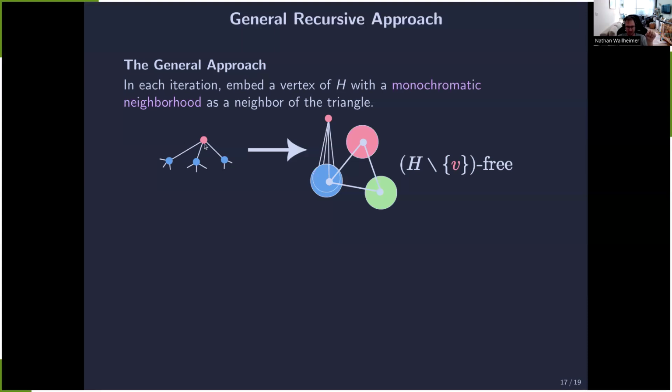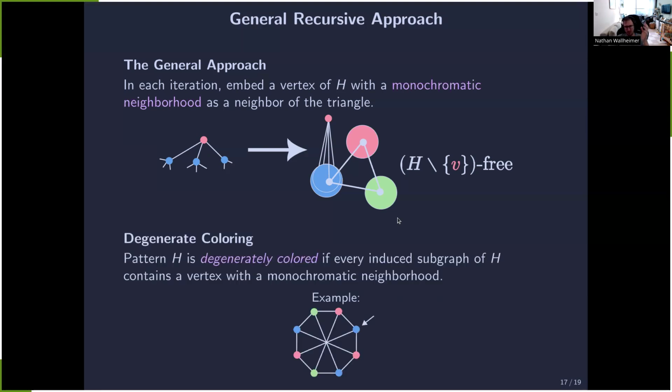Say a red vertex that has only blue neighbors in H, then we can embed it and end up with a subgraph that is H minus v free, where v is that red vertex of H. But okay, so the question is which patterns have a coloring where we will always have a vertex with a monochromatic neighborhood. And what are the patterns that have such a coloring? 5 cycle is such a pattern, as we saw, but there are more patterns.